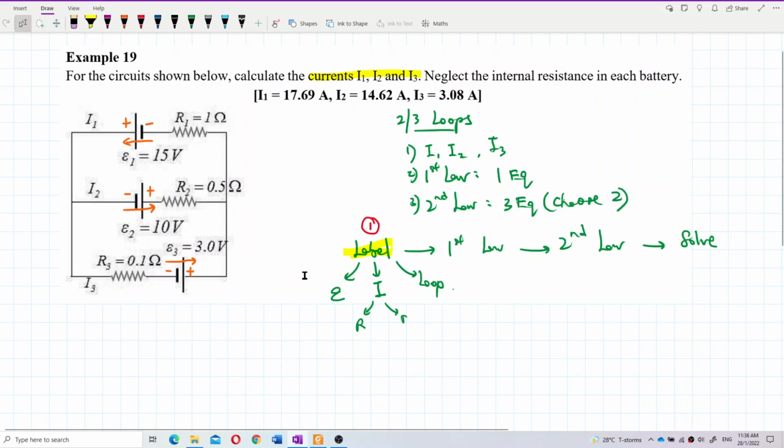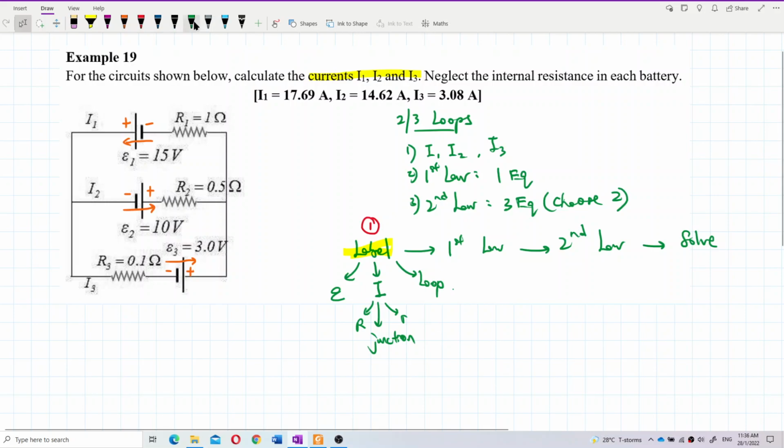Also label the current near the junction, because we need the current direction at the junction to determine current in and current out to build the equation for the first law. So label the current at the resistors and at the junction.